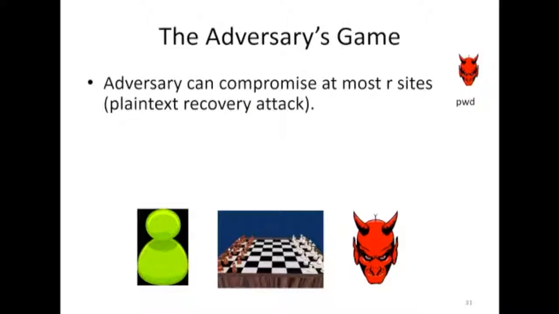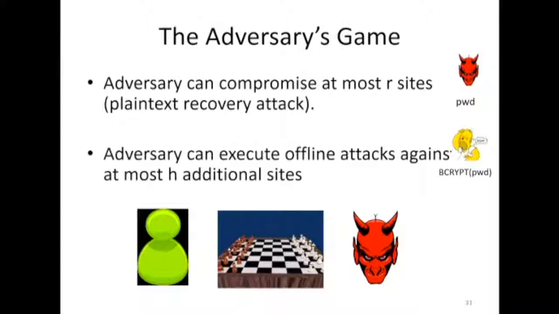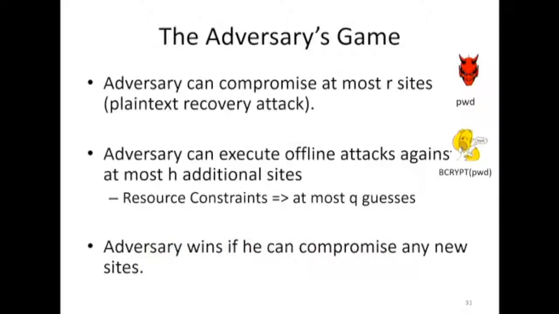So to formalize this, we say that the adversary can compromise at most R sites, plaintext recovery attacks. And the adversary can execute offline attacks against at most H additional sites. And due to resource constraints, the adversary has a budget Q that he's able to spend during an offline attack. The adversary wins this game if he can compromise any new sites.